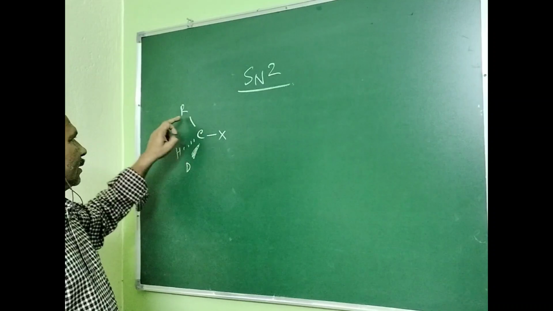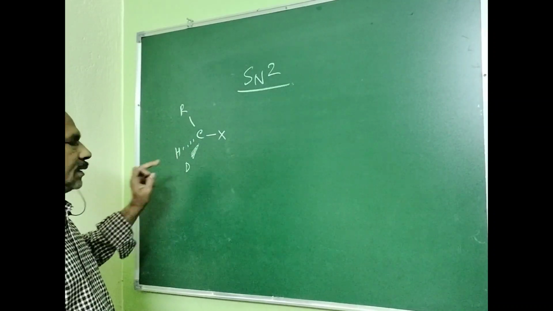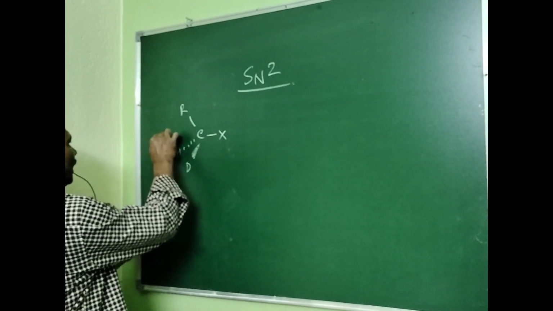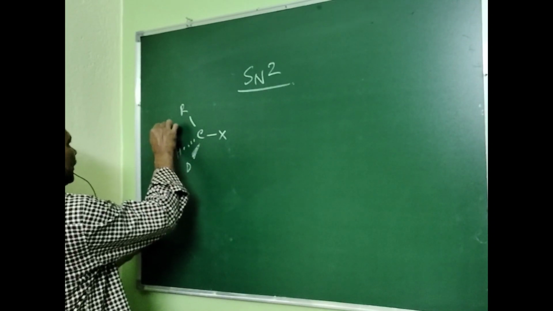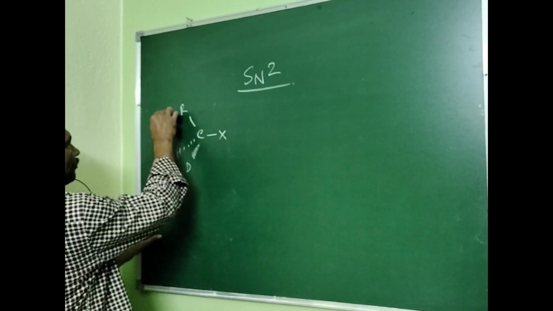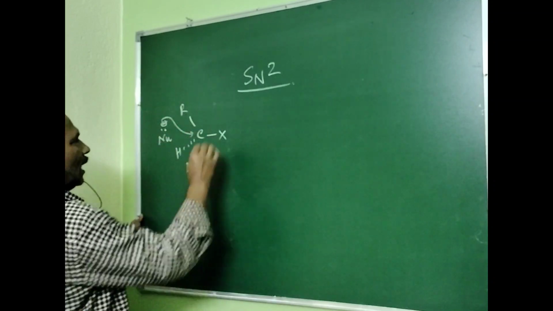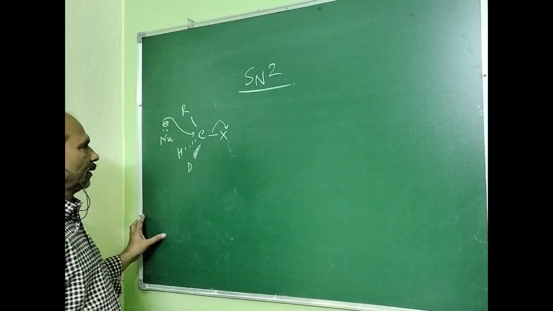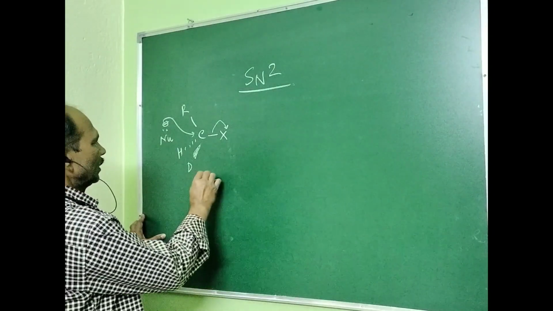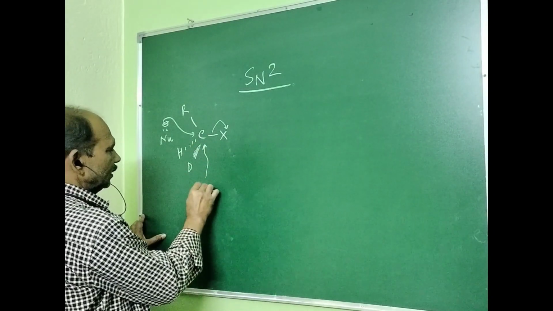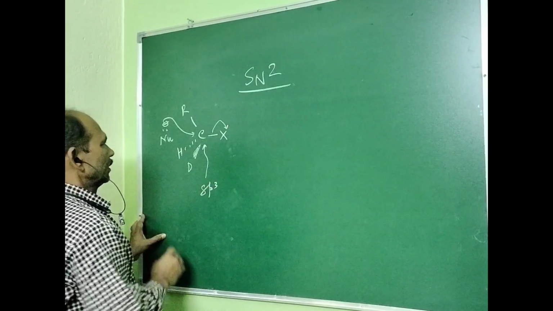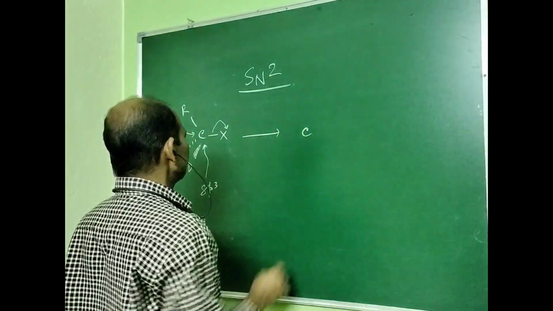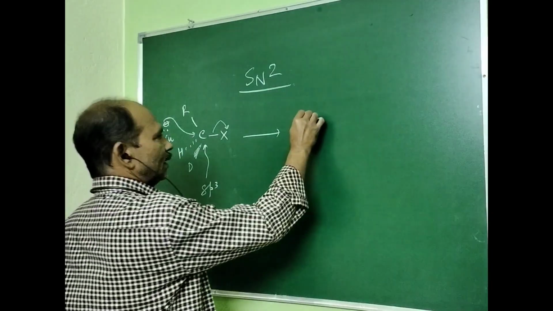This is halogen, this is alkyl, this is hydrogen, and this is deuterium. So the nucleophile attacks from the back side, and this bond will be broken. This is the electrophilic center, and it is sp3 hybridized.